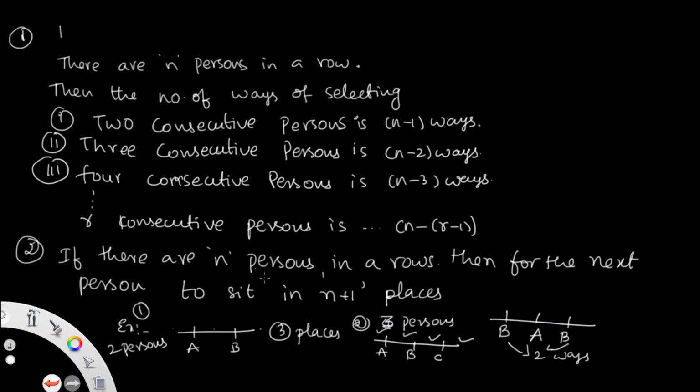Therefore, for 3 persons in a row, for the next person to sit, how many places? n plus 1, so 3 persons means we get 4 places. If 2 persons are sitting in a row, we get 1, 2, 3 places. If 3 persons are there, you get 4 places. In that way, if 1 person is there, you can get 2 places. So there are 2 ways to select in order.